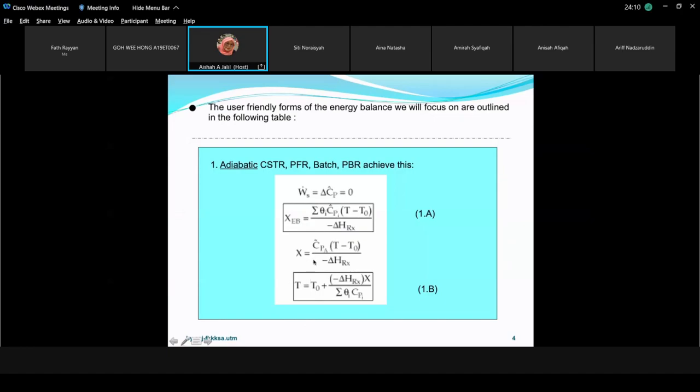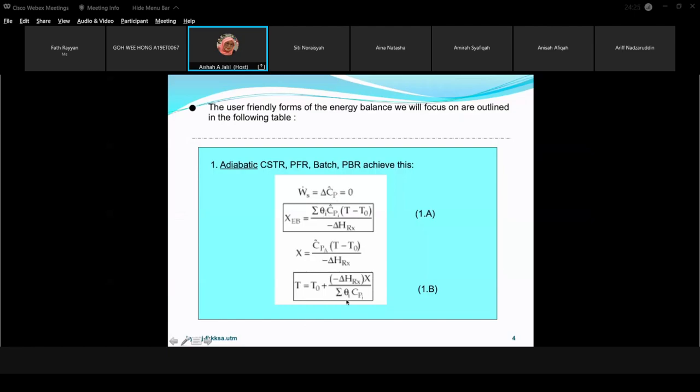So if you want to get the T, you have to bring the T here and rearrange it, and you can get like this. This is from here.